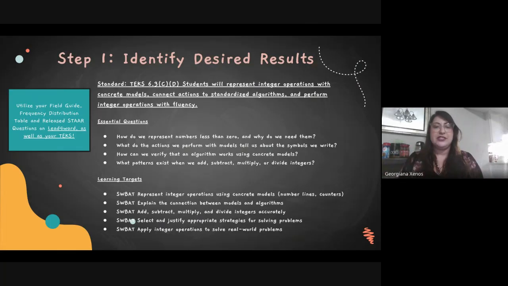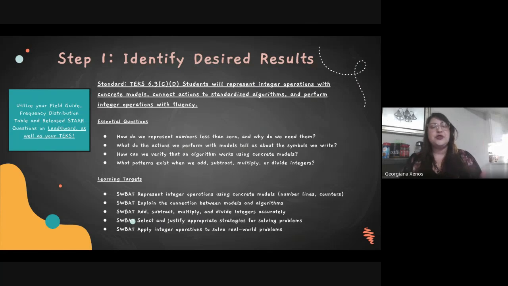With concrete models. We're going to connect the actions to the standardized algorithm, and then we're going to perform the integer operations with fluency. So just by breaking it down, I can already say, okay, they need to be able to represent. Great. We're going to have questions about representing and how that represents. We're going to have connecting it to an algorithm, and we're going to have them perform the integer operations themselves.